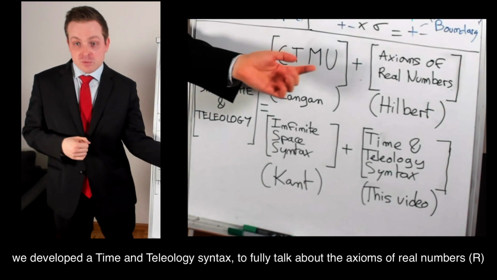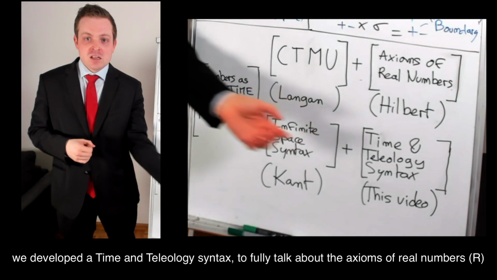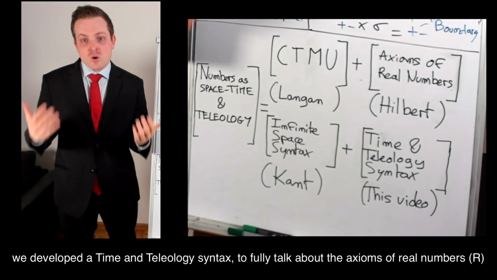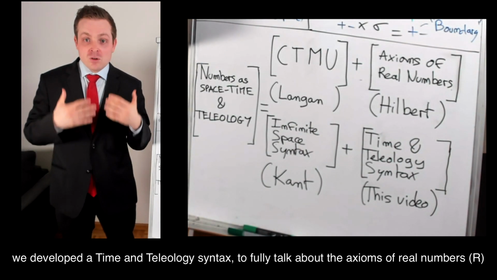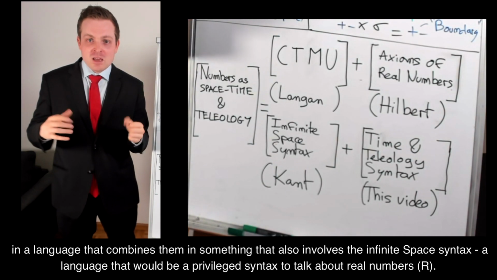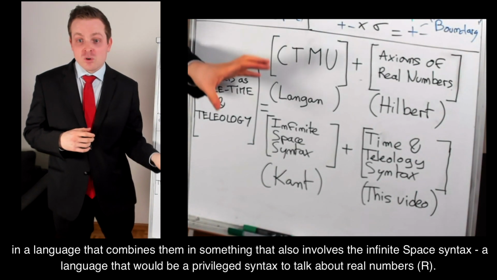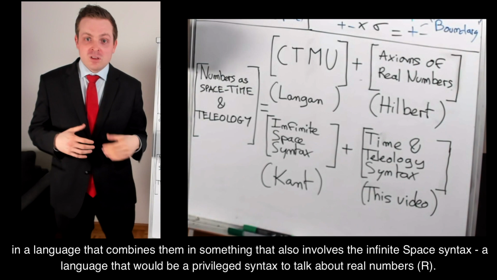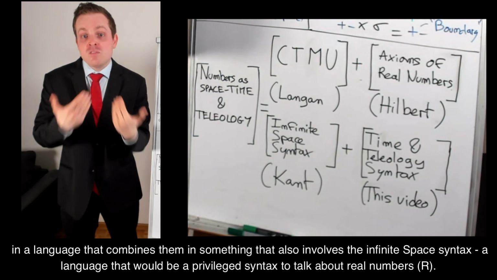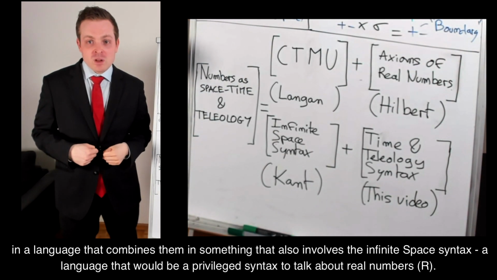So we developed a time and theology syntax in this video to fully talk about the axioms of real numbers in a language that combines them in something that also involves the infinite space syntax, and so in a language that would be a privileged syntax to talk about real numbers.